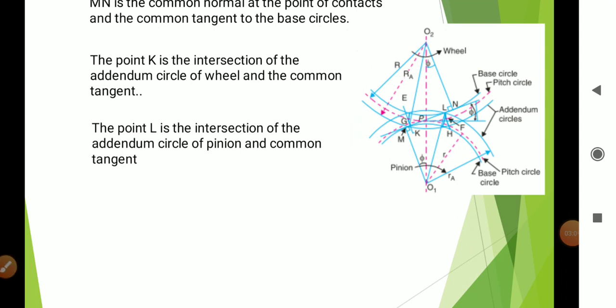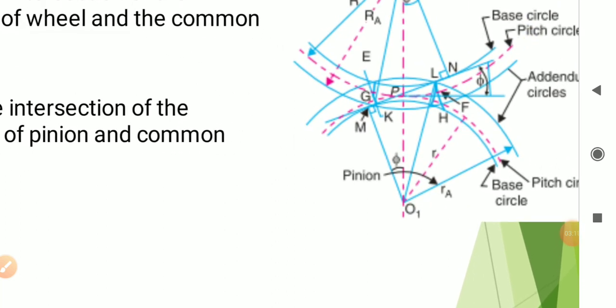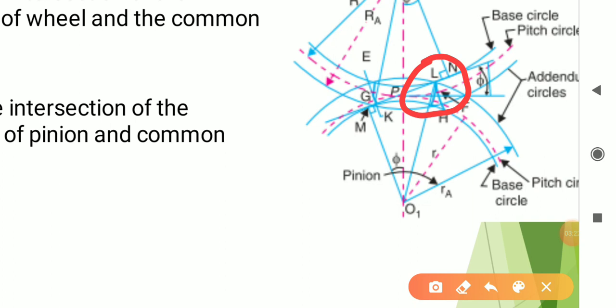Point L is the intersection point of the addendum circle of the pinion and the common tangent. This point L is where the outer surface, the addendum circle of this pinion, intersects the common tangent.